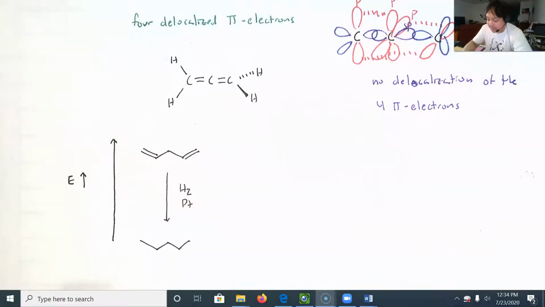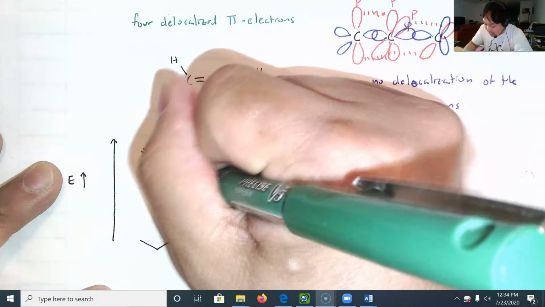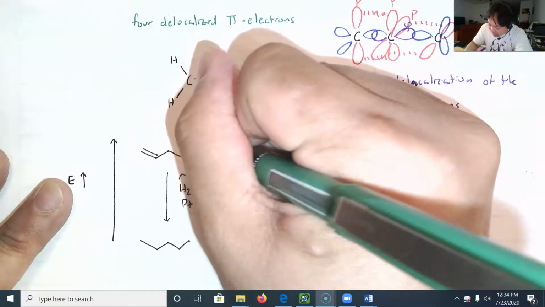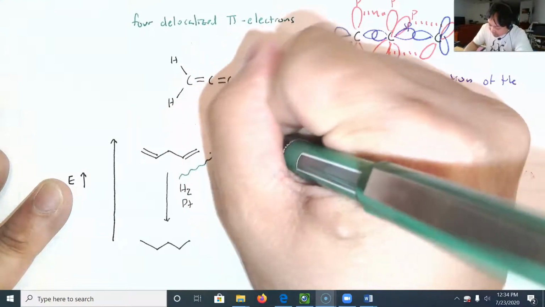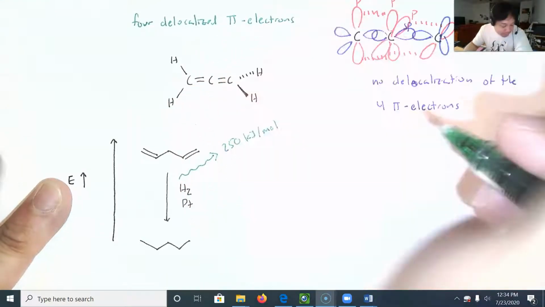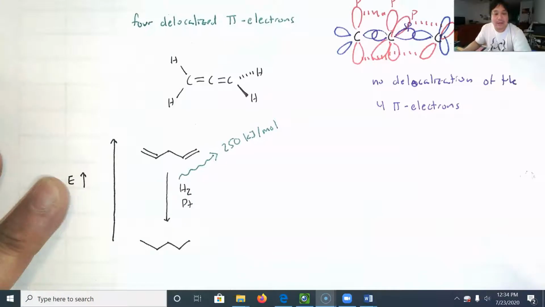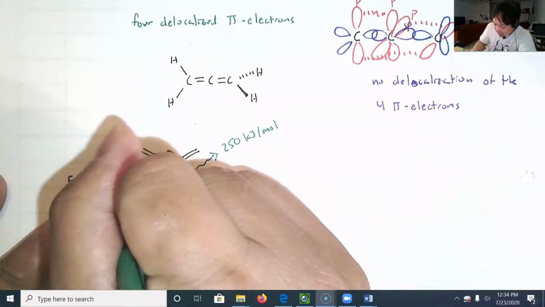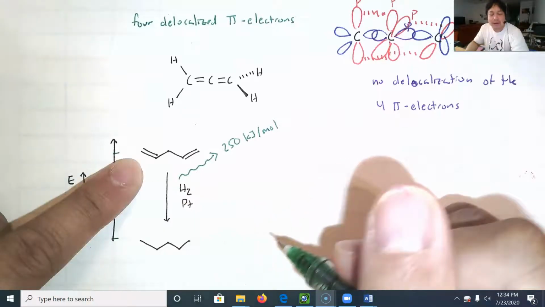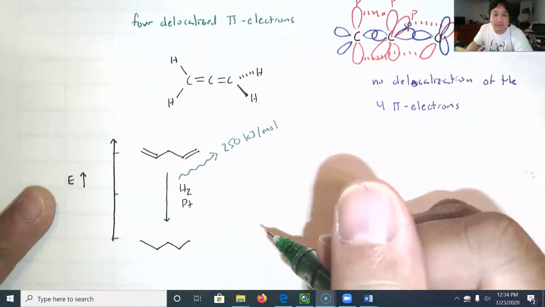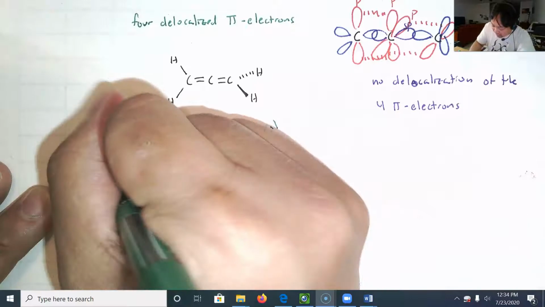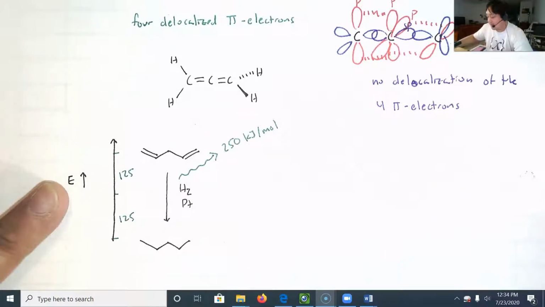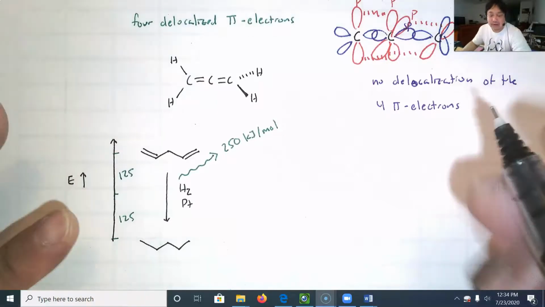How much heat is released? It's exothermic. So the amount of heat released is around 250 kilojoules per mole. To me, what that means is that each double bond contributes 125 kilojoules per mole. 125, 125. Okay. That's how we're going to think about it.